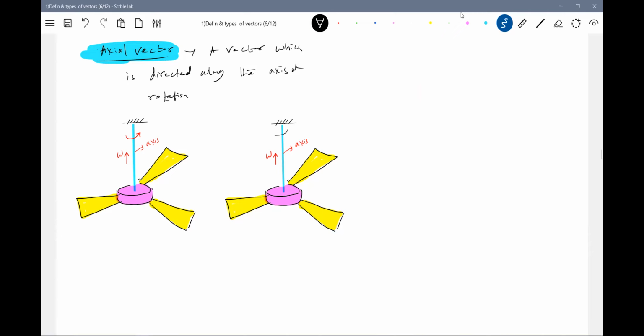This arrow indicates the sense of rotation. Then omega here will be directed down. I think you might have seen rotating fans. Then similarly, we can take the door.